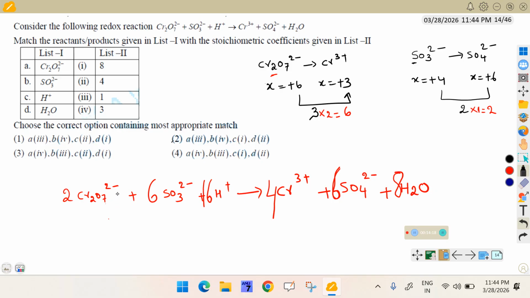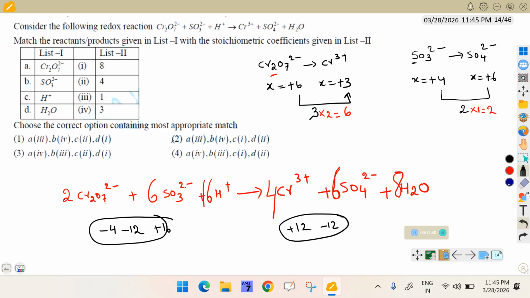You can check the charge: minus 2 into 2, minus 4; minus 2 into 6, minus 12; plus 1 into 16, plus 16. So total charge is 0 here. On the right side, plus 3 into 4, plus 12; minus 2 into 6, minus 12; plus 12 minus 12, 0. Everything is balanced.